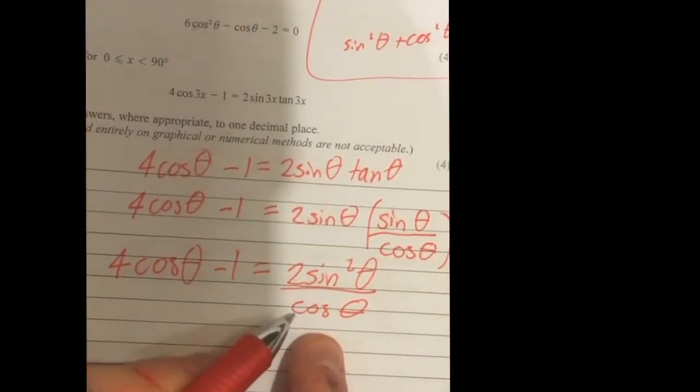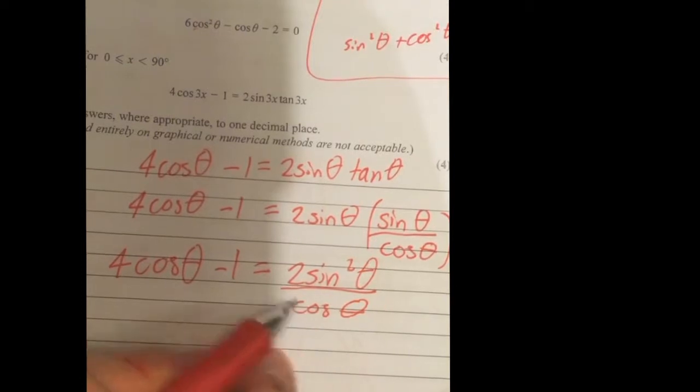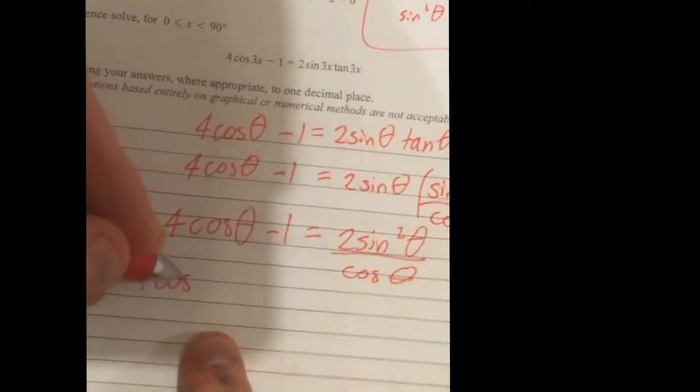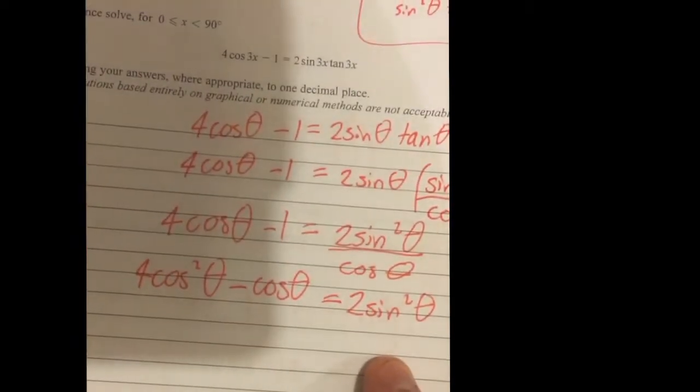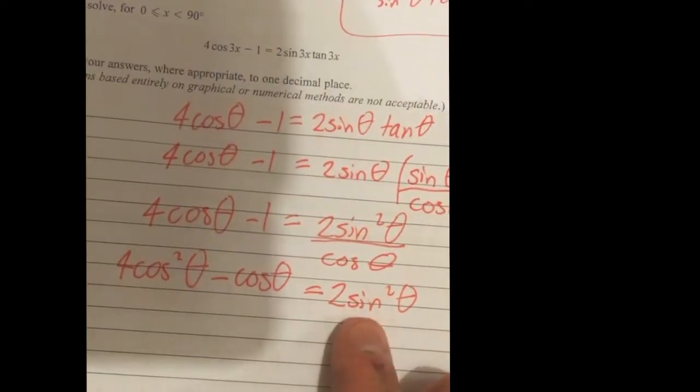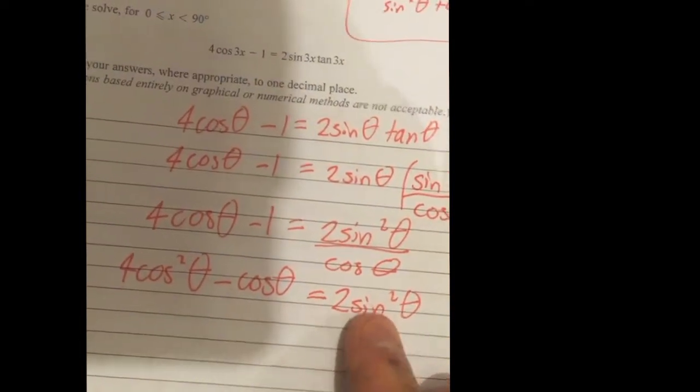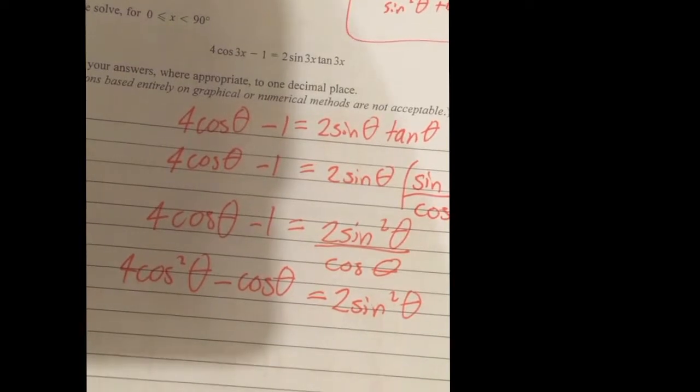I can multiply both sides by cos theta to sort this fraction out. So we get 4 cos squared theta minus cos theta equals 2 sine squared theta. Then I can think of a way to change sine squared into cos squared and get a nice little quadratic to solve.